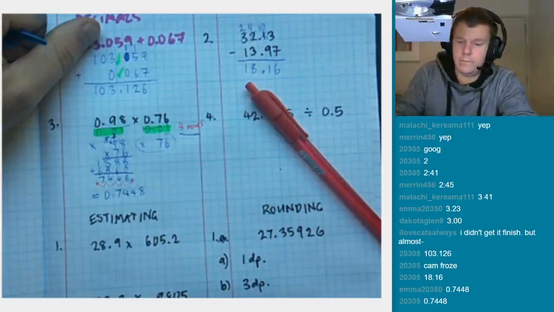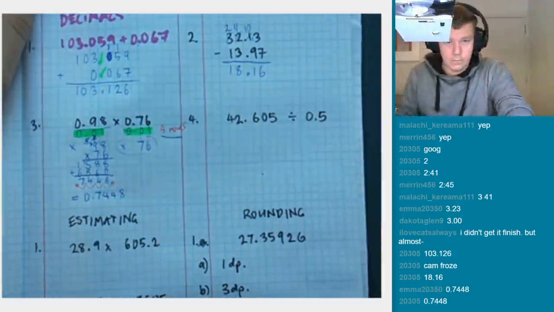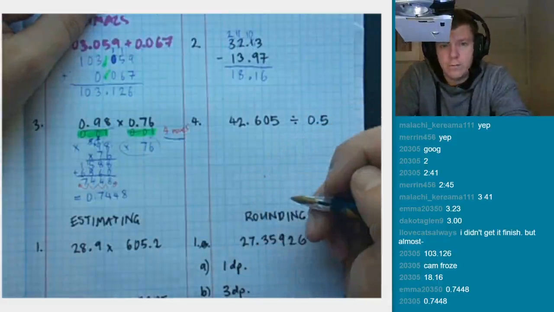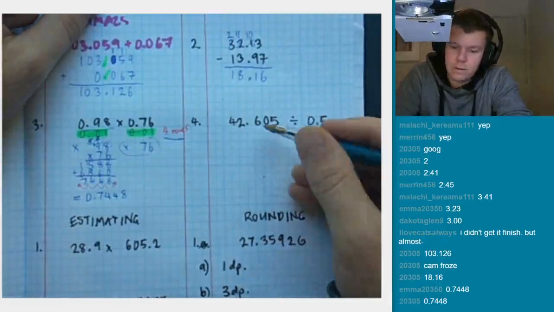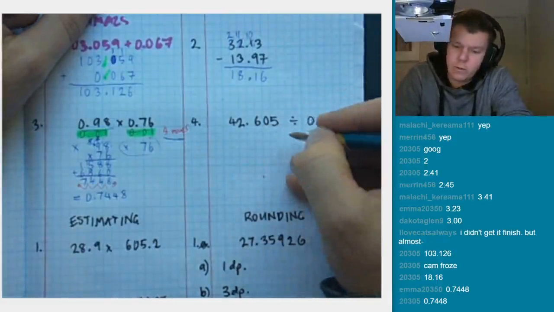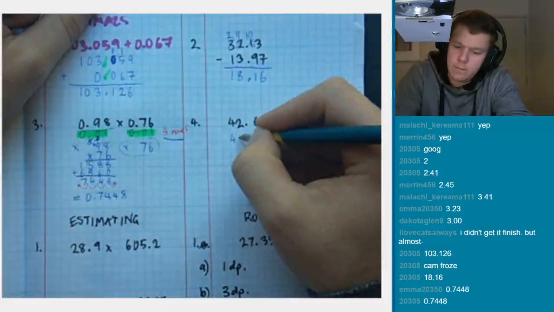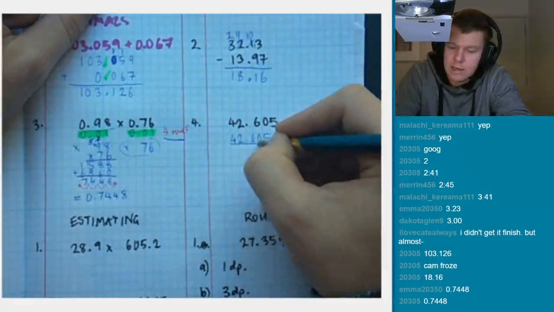Alright. The division question. Let's go. So, when we do division, what we want to do is make it into a fraction, because fractions are division.